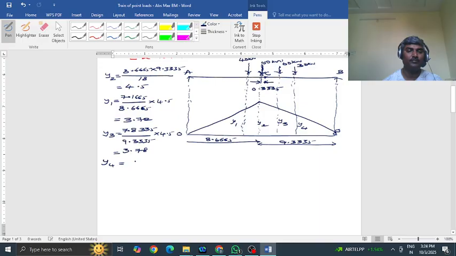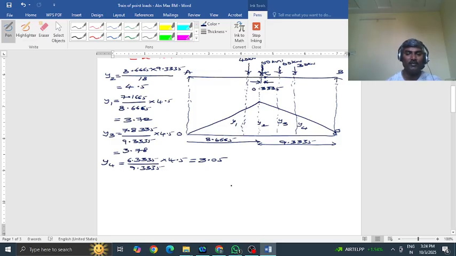Similarly y4: 9.3335 minus 1.5 minus 1.5 is 6.3335, divided by 9.3335, into 4.5 gives 3.05. These are the ordinates that you can get from the similar triangle relations.